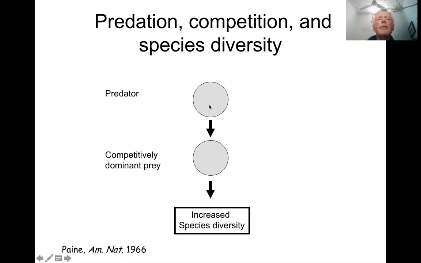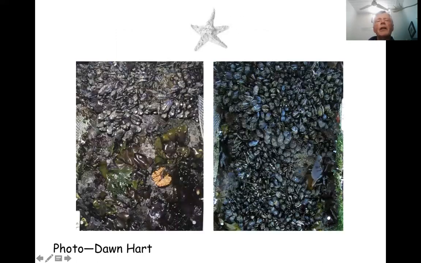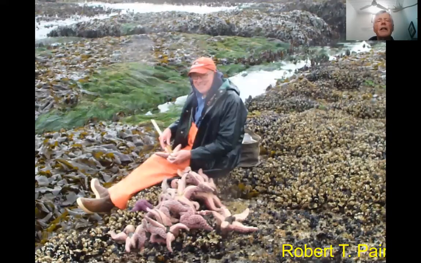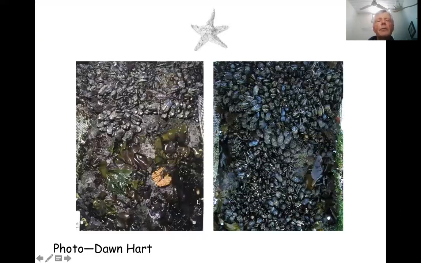But in the presence of predators, predators limit these things. They prevent the competitors from excluding one another, and therefore predators in a system increase species diversity. This idea was based on Payne's work in the Rocky Intertidal, in which the dominant predator was the sea star, Pisaster ochraceus, and the dominant prey were shore mussels, sea mussels.